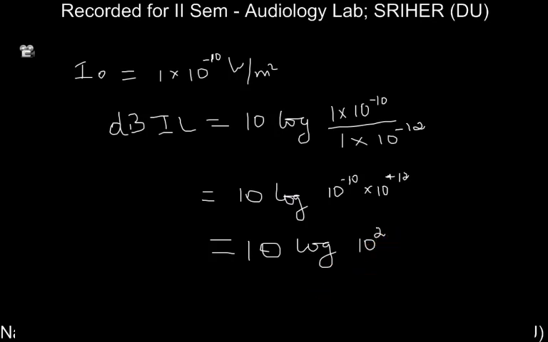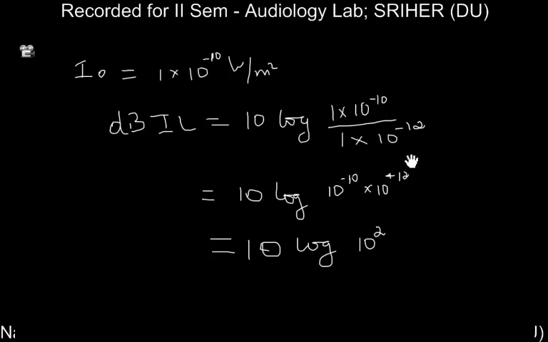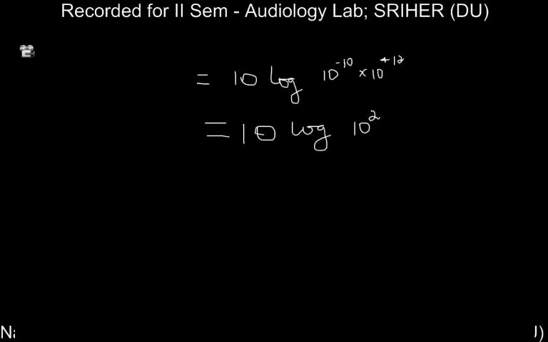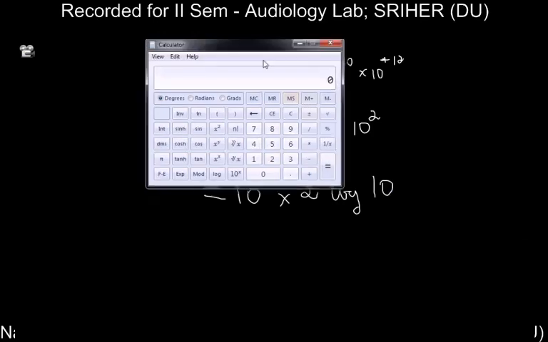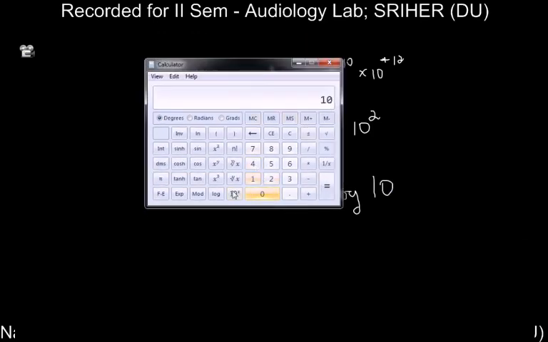As a logarithmic principle, whenever there is an exponential after log, the exponential will come in front of the log. So the equation becomes 10 into 2 log of 10. So we need to find the value for log 10. So log 10 is equal to 1.